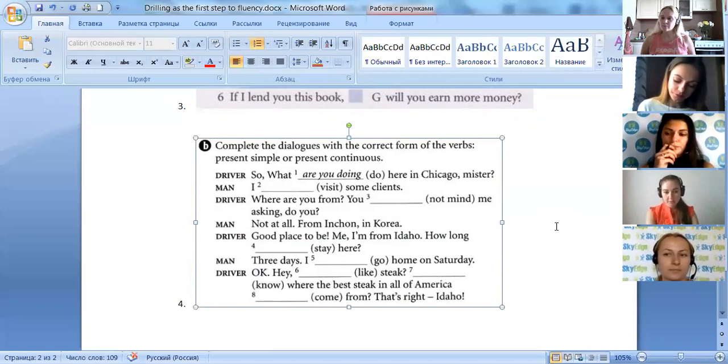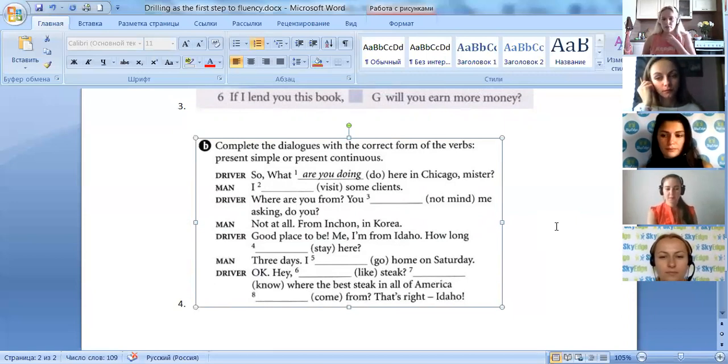I'm staying 3 days. I'm going home on Saturday. And where are you from? I'm from Idaho. Okay, Idaho. And that's it. I forgot this phrase. Help me. Good place to be. I forgot this word. Good place to be. Oh, yeah. I'm from Idaho.